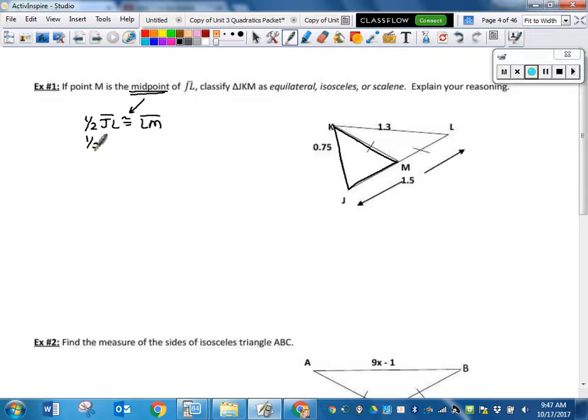I know that half of JL is equal or congruent to JM. And I also know that JM is congruent to ML. All of those facts. And that helps me with my numbers, because if the total is 1.5, then I know each of these is 0.75.